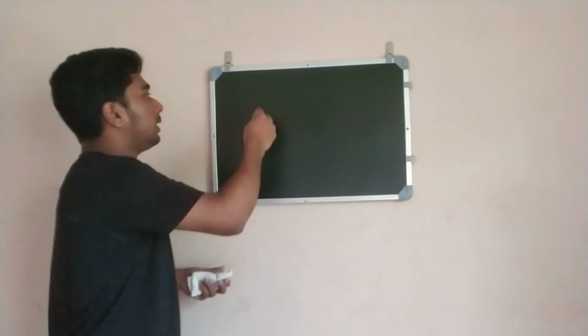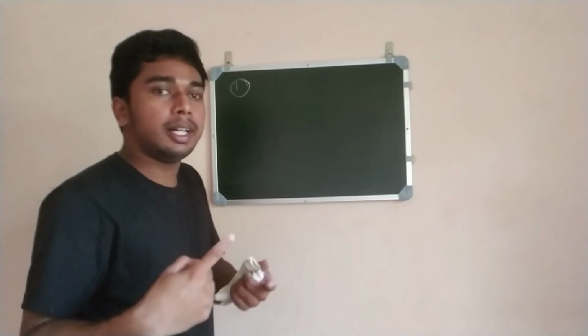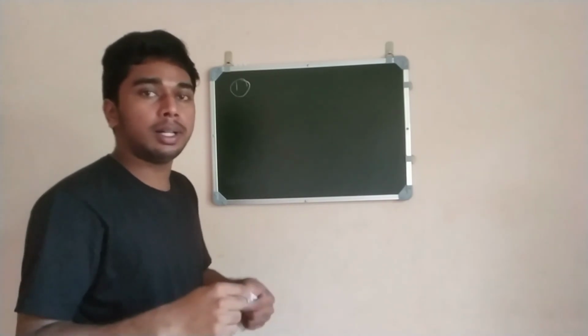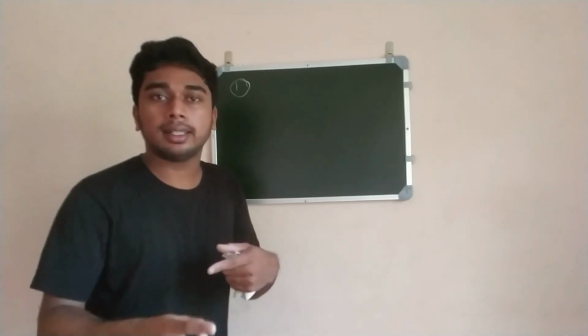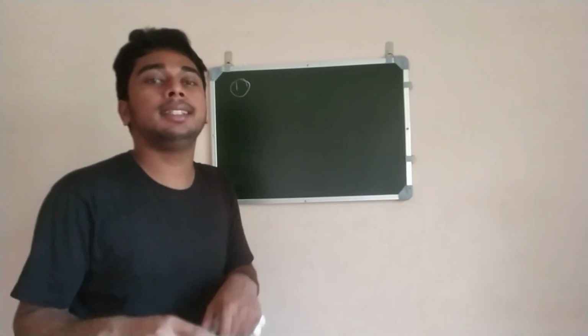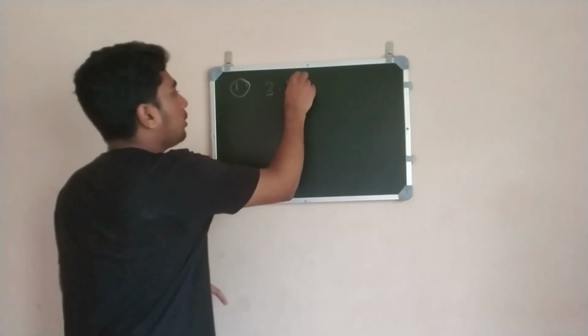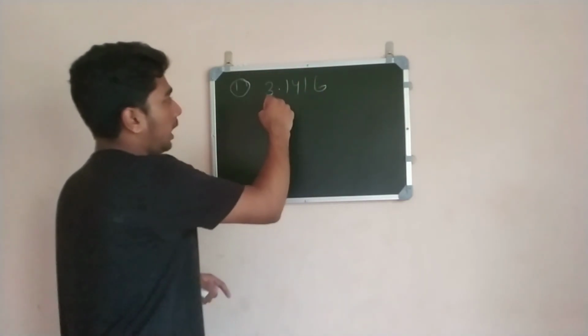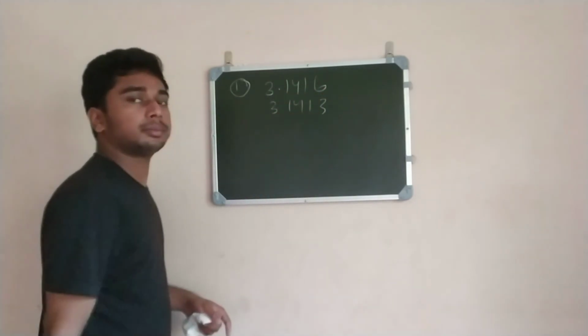The first rule says that if you want to round off a number, just see whether the digit is greater than 5 or less than 5. For example, I have the number 3.1416 and another number 3.1413.